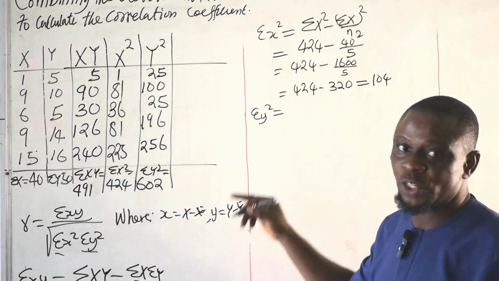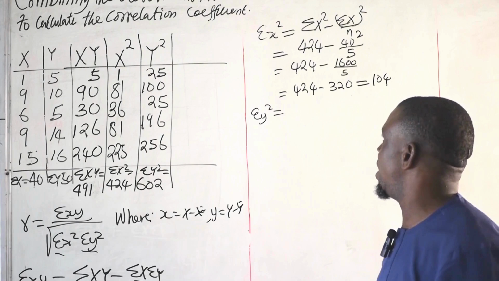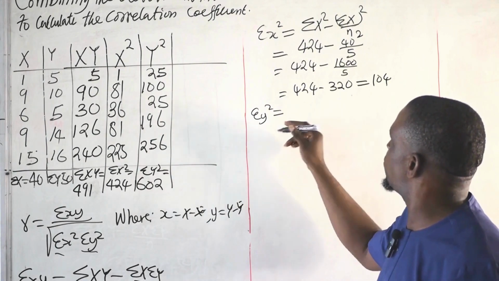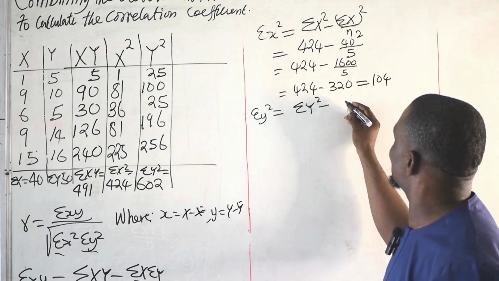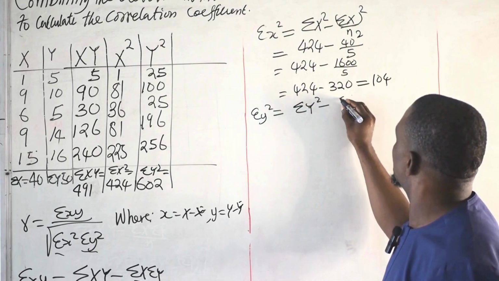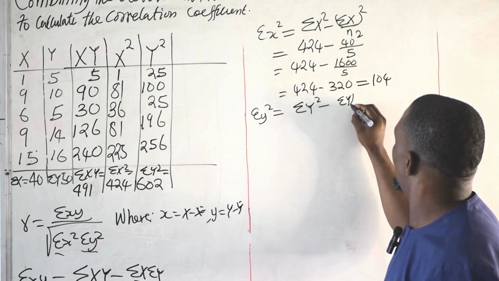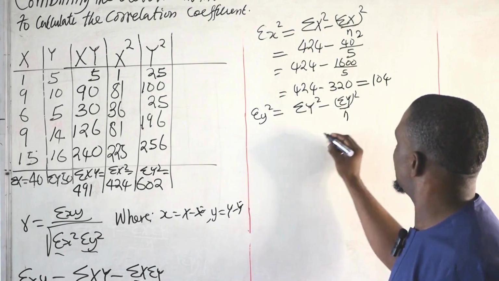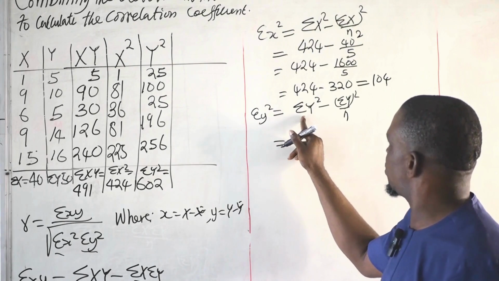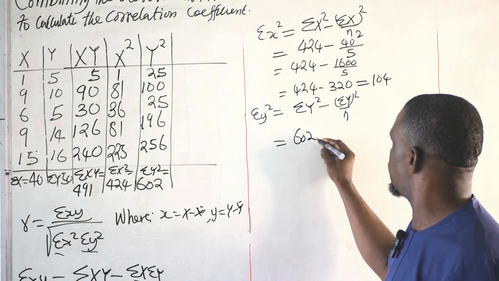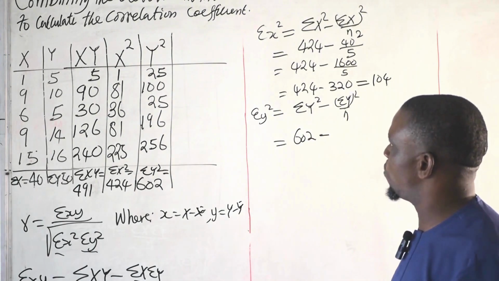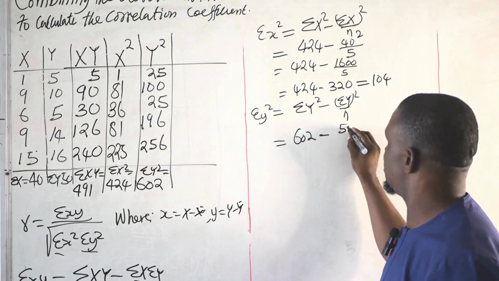Now the next is this other component, which is a summation of y square. And our summation of y square from what we derived also, we found out that this was summation Y square minus summation of Y all square over n. So which will mean that our summation y square from what we have here is 602 minus the summation of y is 50, which is this.